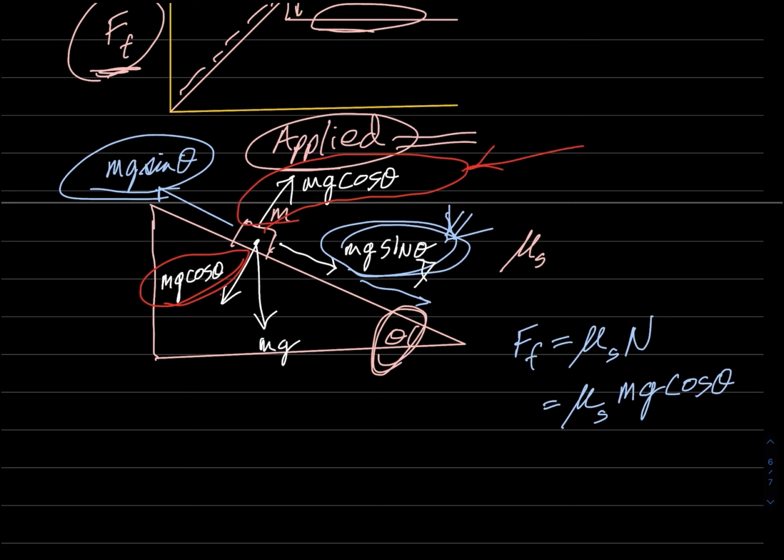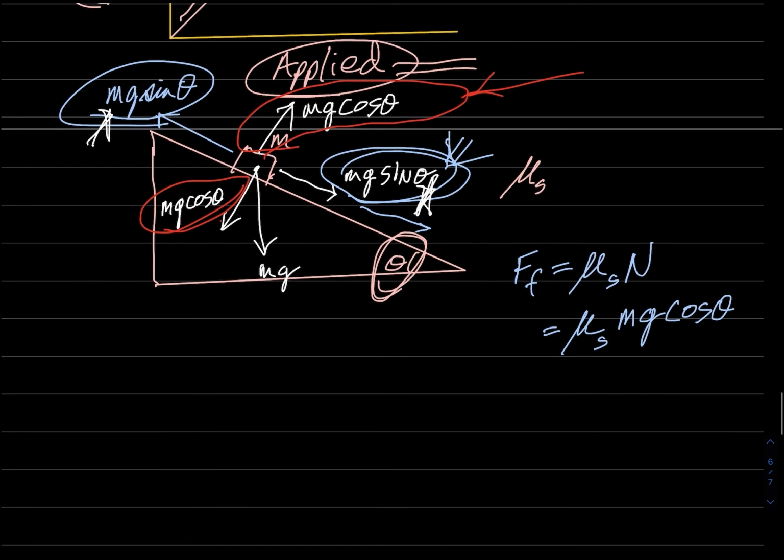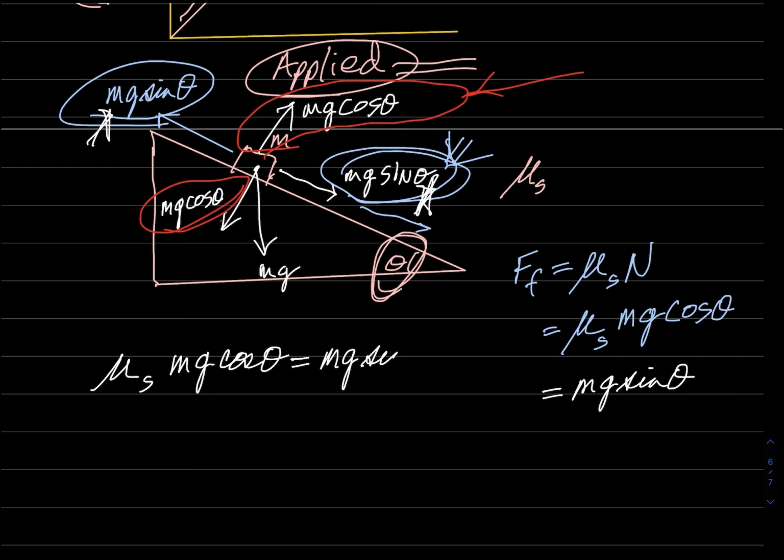And because gravity is pulling down the slope this hard, and friction is opposing that this hard, we know that the friction force equals mg sine theta too. So let's write it out. The coefficient of static friction times mg cosine theta equals mg sine theta.